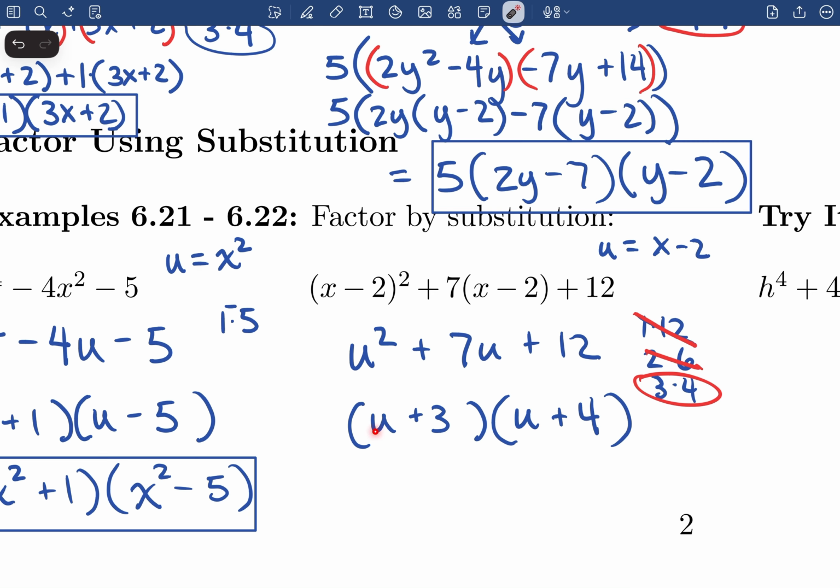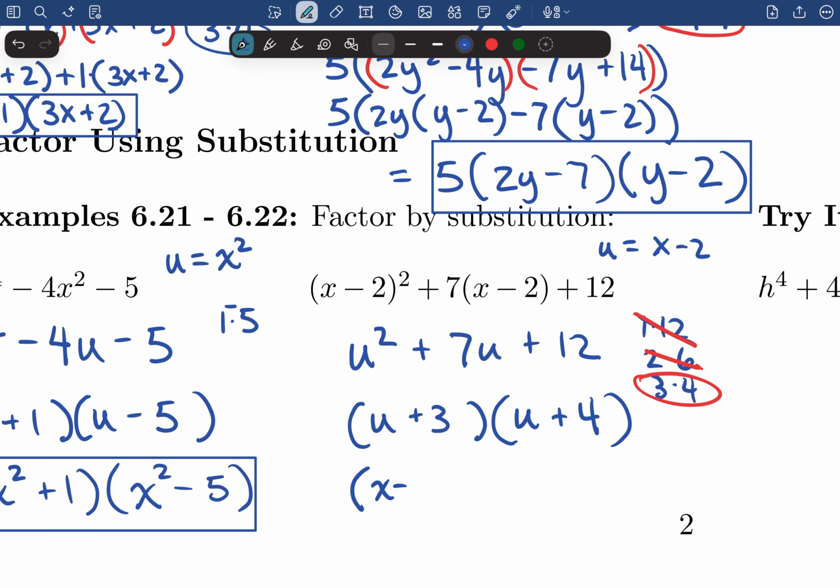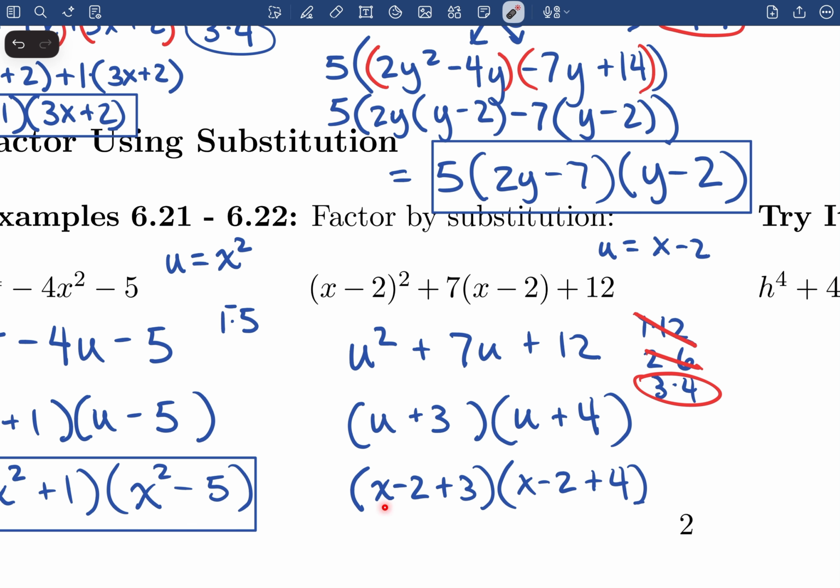But I have to go back and say, well, what was u? U is x minus 2. That's what u is, x minus 2. So I'm going to change the u's into x minus 2's. And then I notice, well, I've got the x minus 2, but it was plus 3.